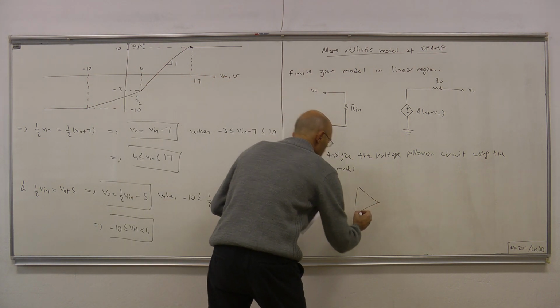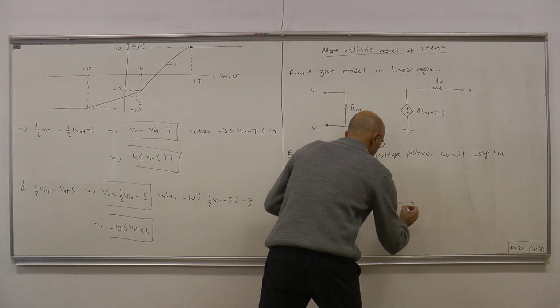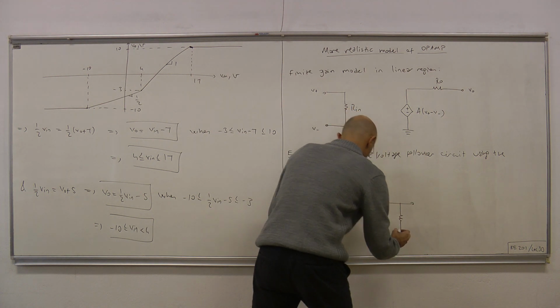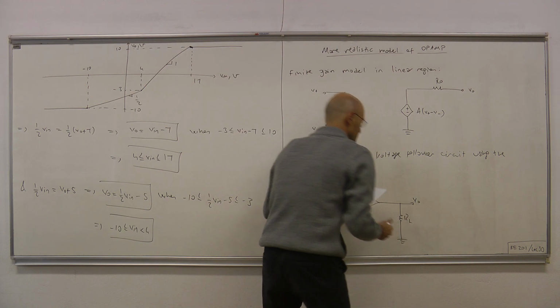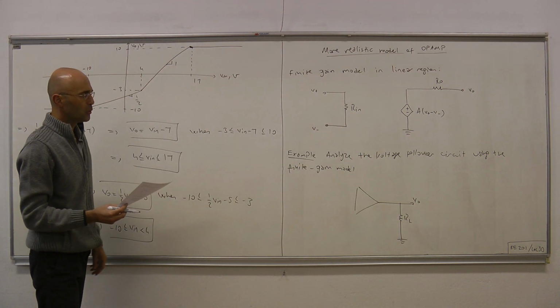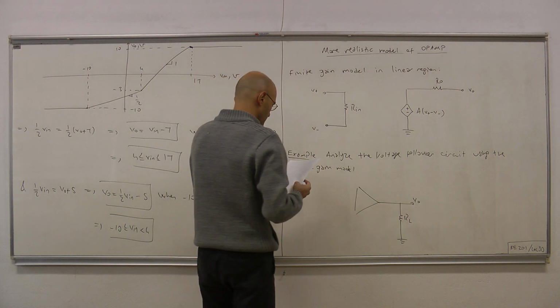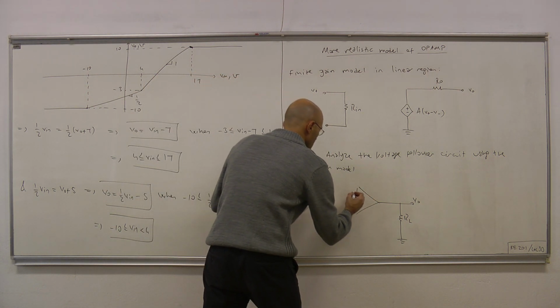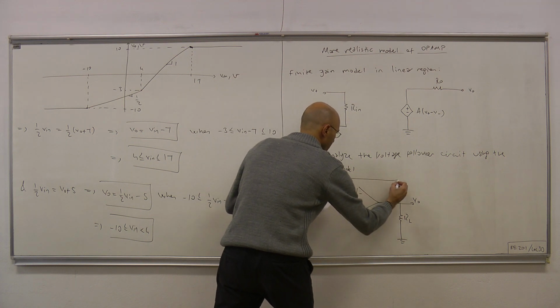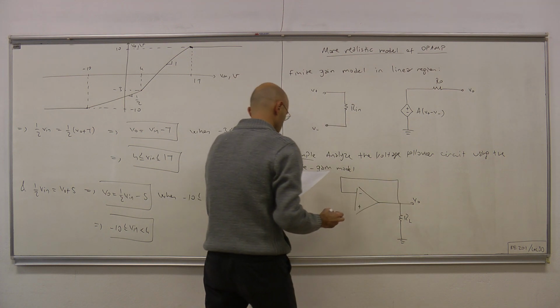Okay. So this is how the circuit looks like. This is V out. Here we have some load resistance. Minus plus. This is the negative feedback connection.